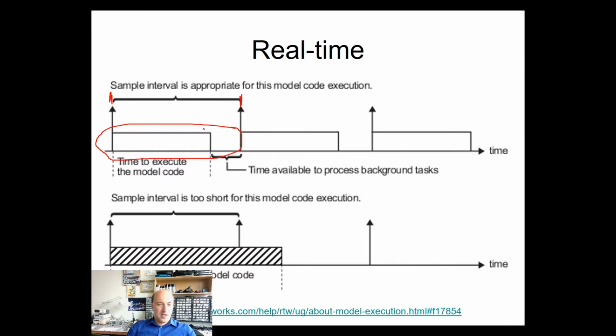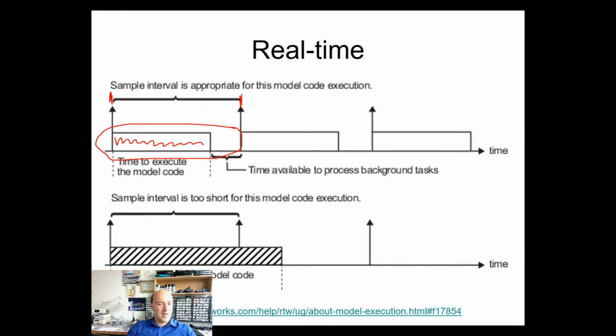Here we have basically what can happen. We have some time that is required to execute the model or execute our calculation. And let's say that the calculation takes this time. And then we have some spare time that we can still fill somehow.